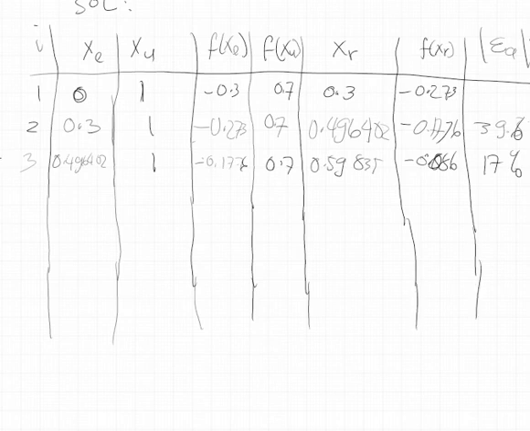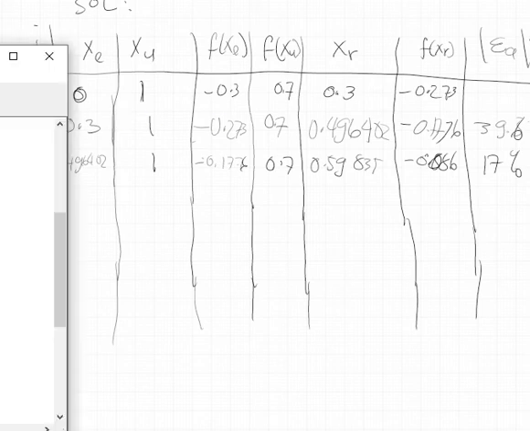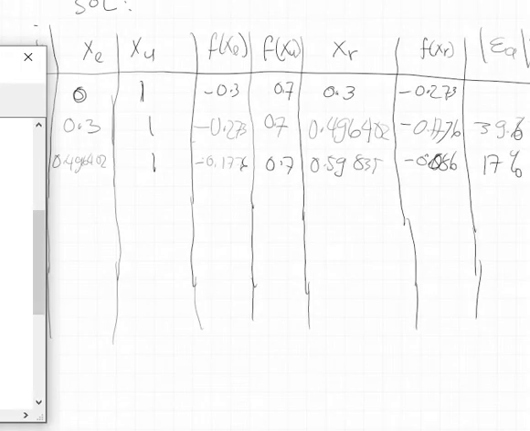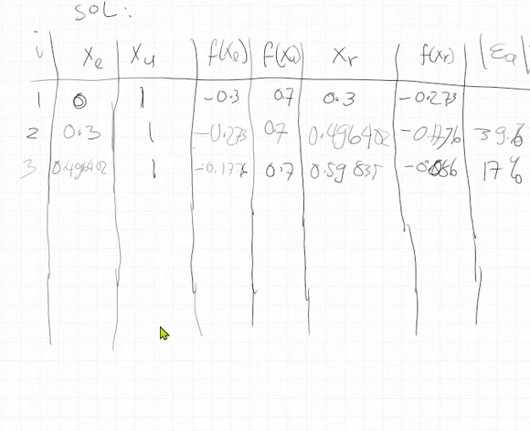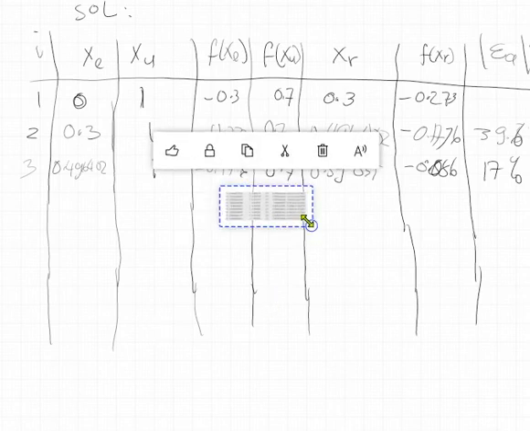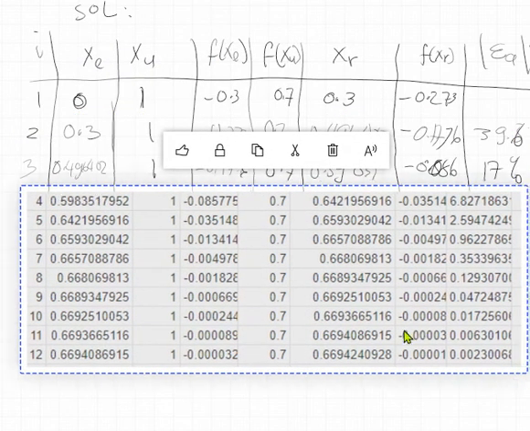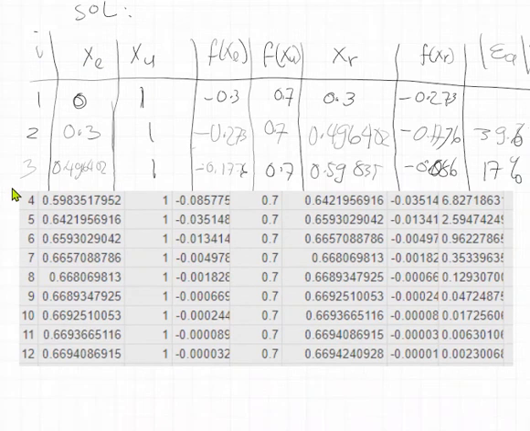So the number of iterations that we will be doing here is actually 12 iterations. It's lesser compared to the first one. So this will be our result, from the third iteration upward to the last. So this will be the result for the 4th, 5th, until up to 12th.